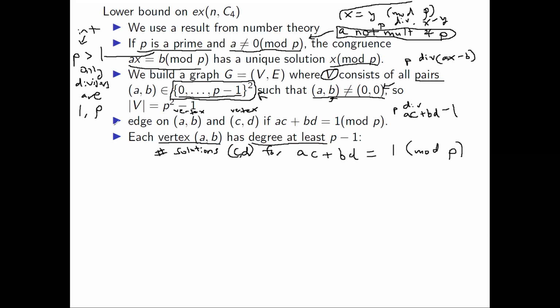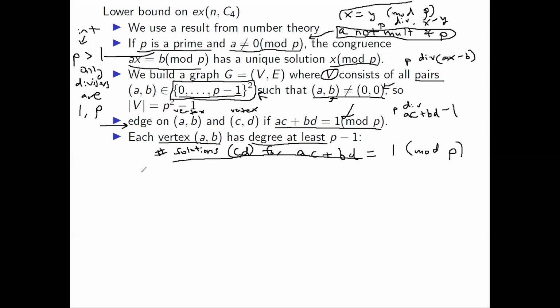Well, it's because we put edges between AB and CD only if AC plus BD equals 1 mod P. So if we want to know the degree of AB, we want to know the number of edges that include AB, which means we want to know the number of solutions, CD, for the equation which defines the edges. AC plus BD equals 1 mod P.